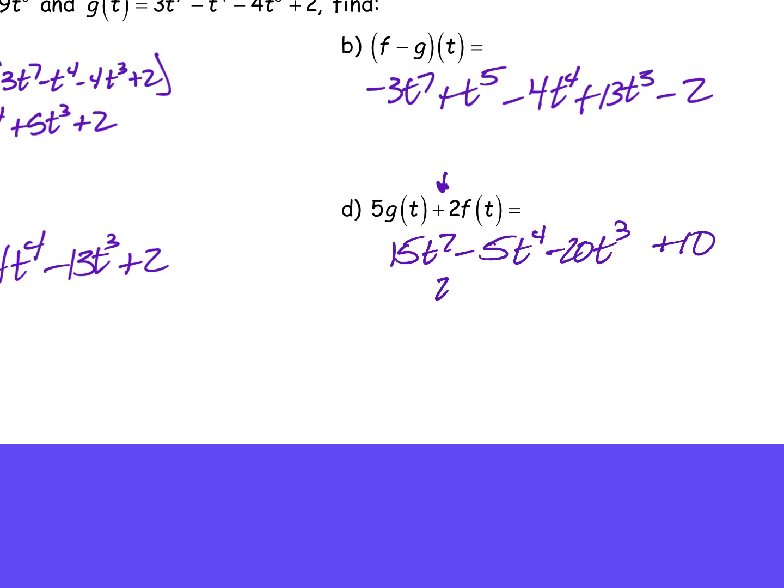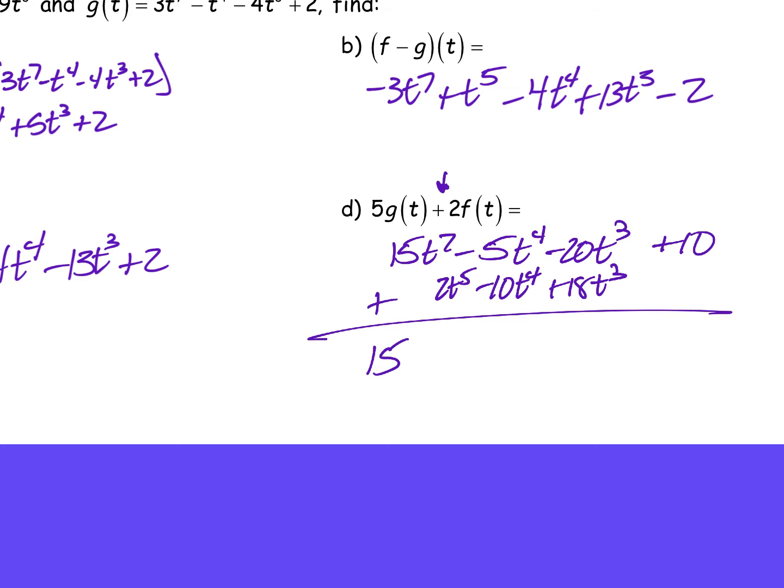And then 2t to the 5th, I kind of squeezed that in there, minus 10t to the 4th plus 18t cubed. And when I add them all together, 15t to the 7th plus 2t to the 5th minus 15t to the 4th minus 2t cubed plus 10.